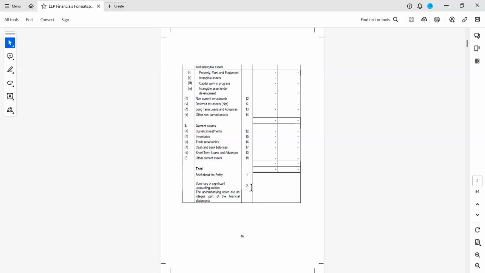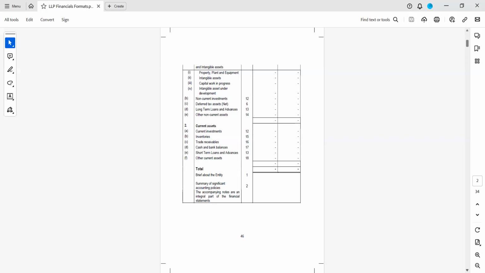Here also they have maintained the same. Note number 2 is accounting policies. One is a brief that this is the LLP formed on so and so date, and they are into the business of so and so things. Same as we give in a company, that the company was incorporated on so and so date.